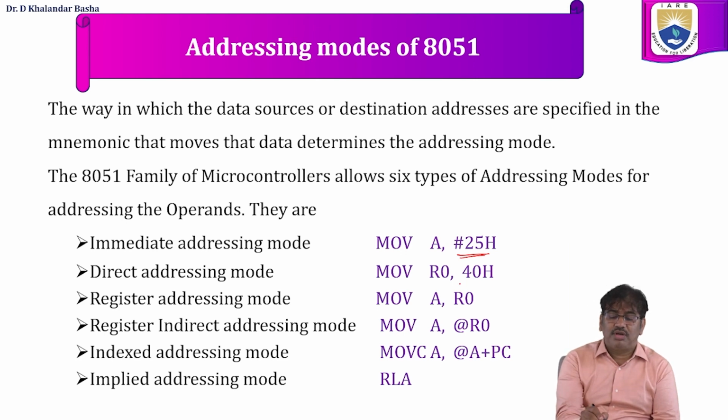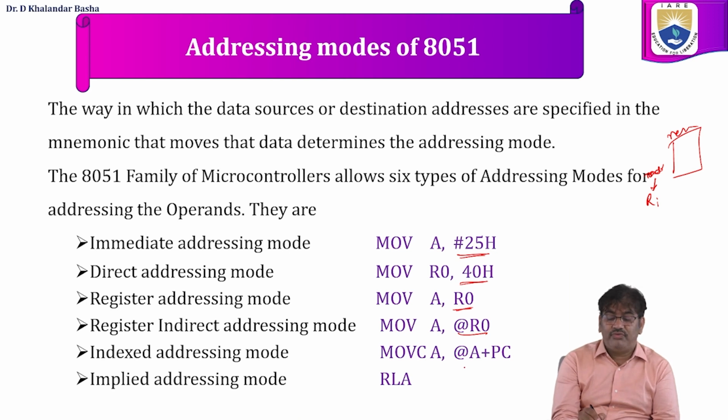Direct addressing mode: if the memory address is specified in the instruction, then we call it direct addressing mode. Register addressing mode: if the data is present in any one of the registers, then it is register addressing mode. Register indirect addressing mode: the data is present in memory, and this memory address is loaded into some register, so we call this register indirect addressing mode.